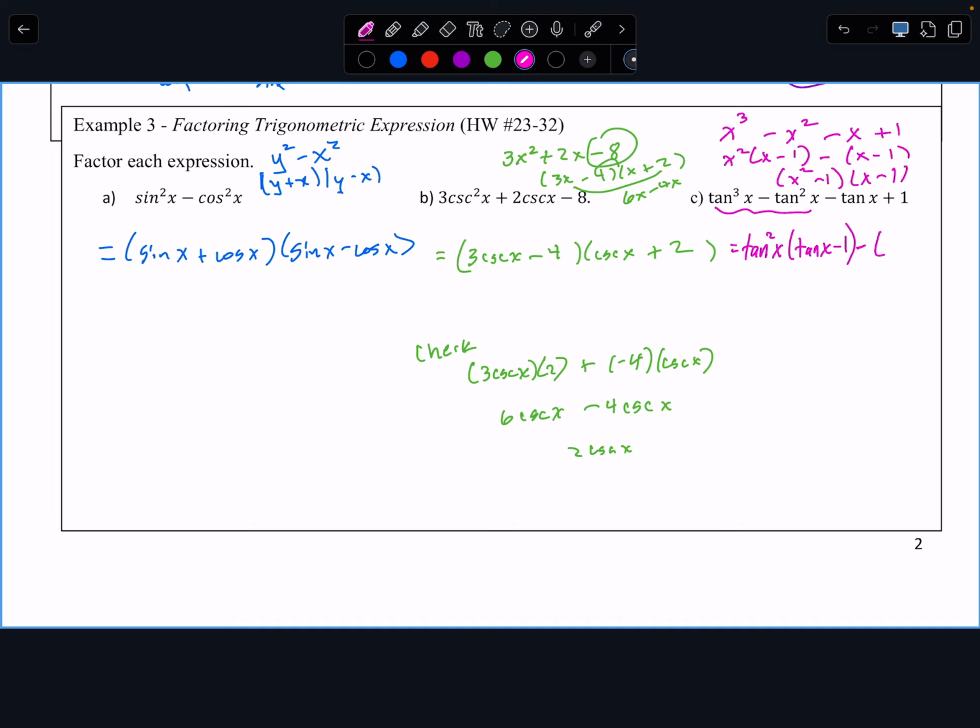So a negative out of there gives me a positive tangent x and a minus 1. And so what goes in my first binomial is tangent squared x minus 1. And my second, because these match, is just that tangent x minus 1. So this is tangent squared x minus 1 times tangent x minus 1.